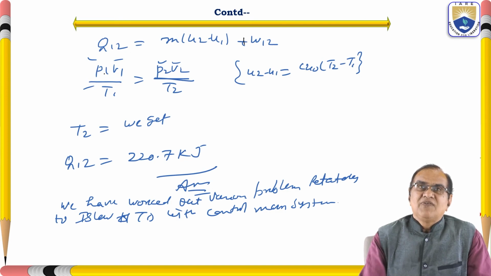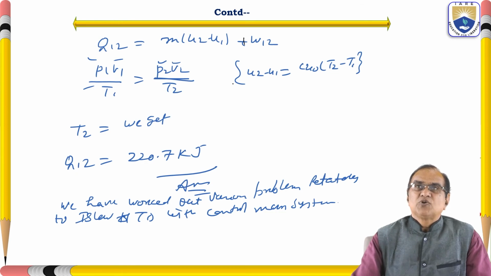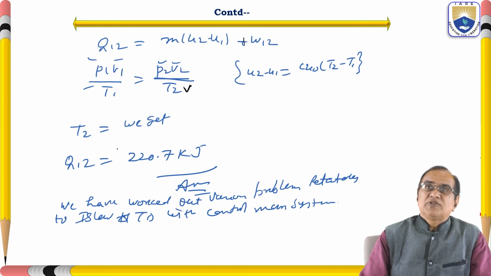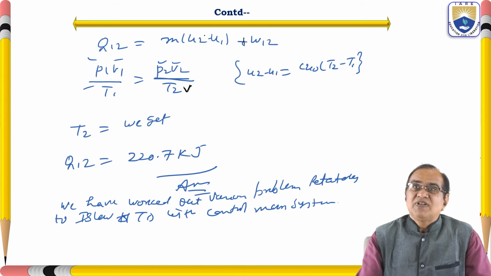Here we can see that P1 V1 by T1 is equal to P2 V2 by T2. And U2 minus U1 is equal to Cv naught times T2 minus T1. From here we can get the temperature T2. Then we put this value of T2 here and we will get the heat transfer.